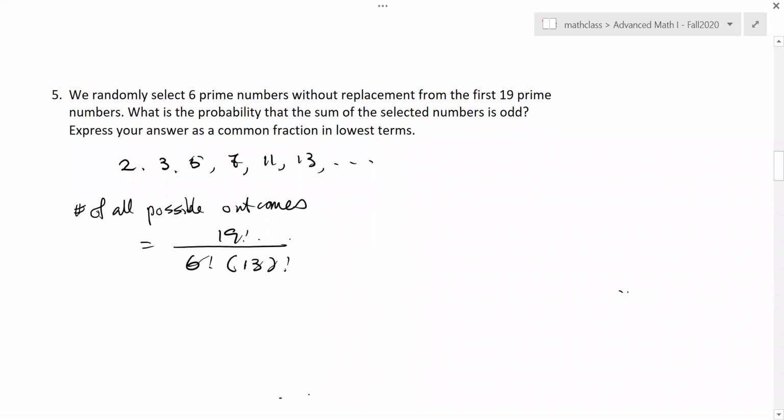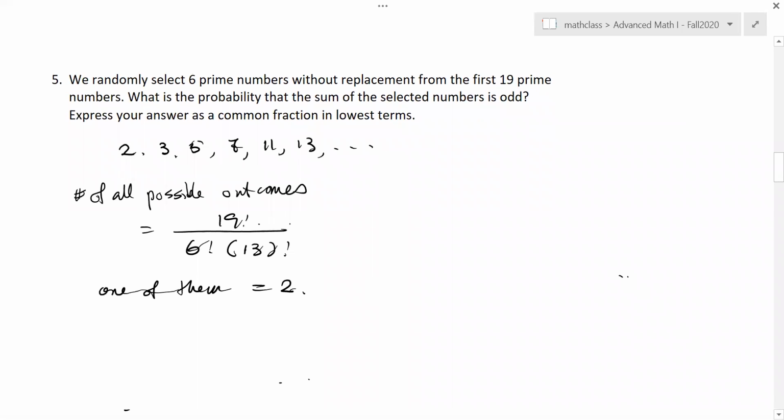Now if the sum of the 6 numbers is odd, then one of them must be 2. 2 is there. It cannot change, because if they're all other numbers, the sum will be even. So 2 must be selected. You pick up a 2 first, no choice. So the number of desired outcomes is going to be what?